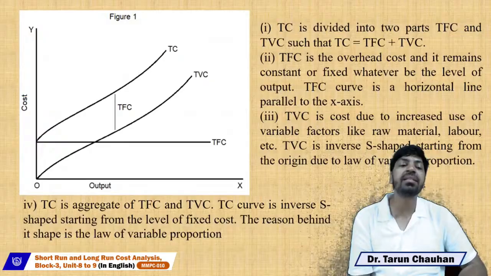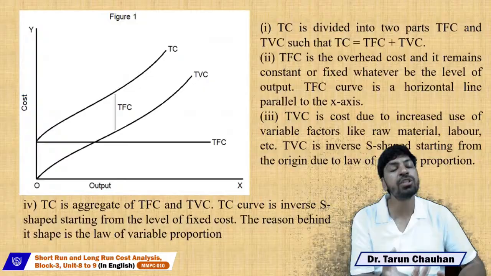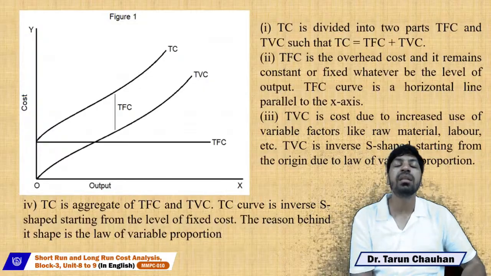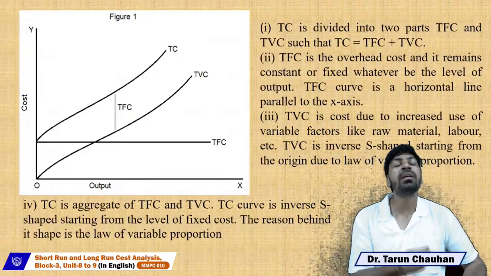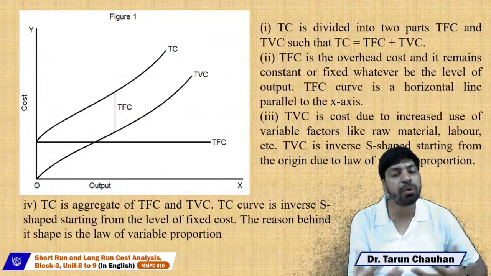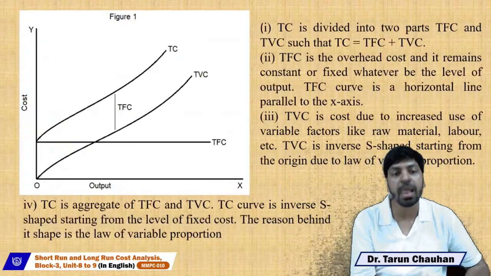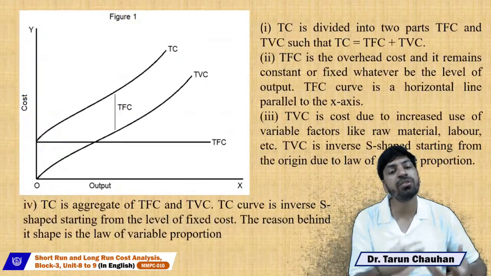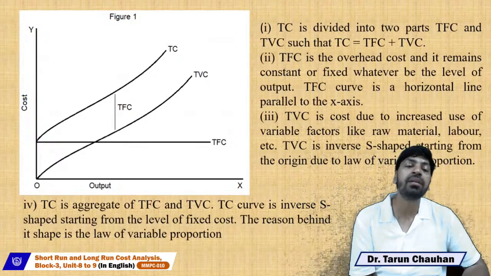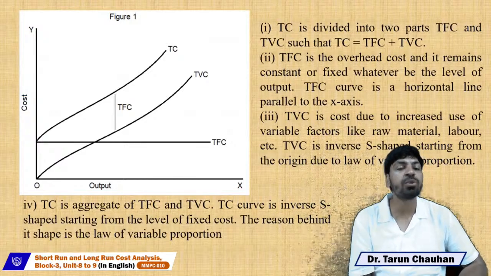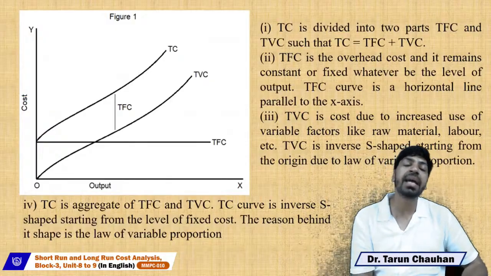The reason behind the shape of the total cost is also the law of variable proportion. As we produce more and more output, we need to add additional units of inputs, and as a result the cost becomes higher and higher. That's why the total cost curve becomes an inverse S shape.